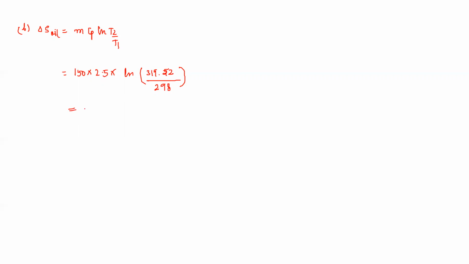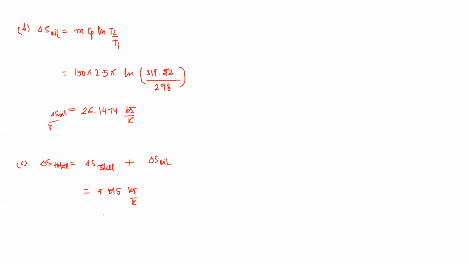So entropy change comes as 26.1474 kilojoule per Kelvin. So therefore, the total change in entropy is going to be entropy change for steel plus entropy change for oil. All right. So that's going to be 9.815 kilojoule per Kelvin.